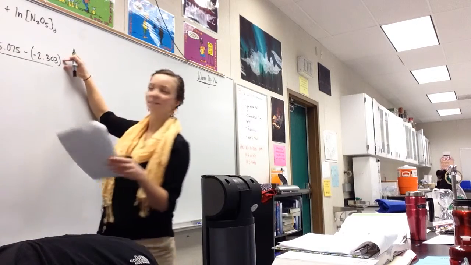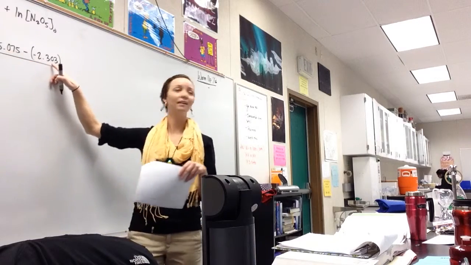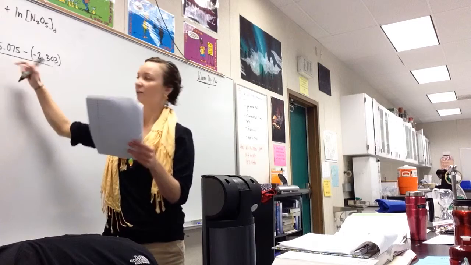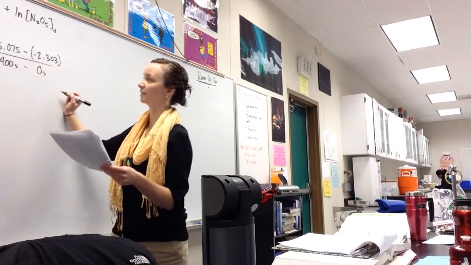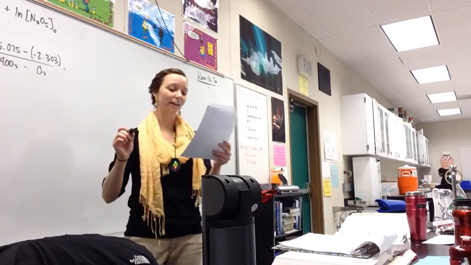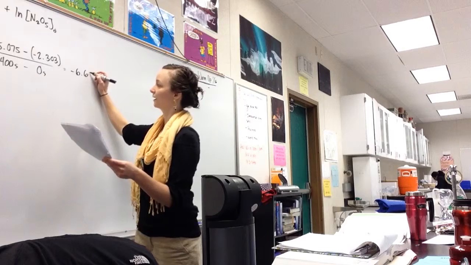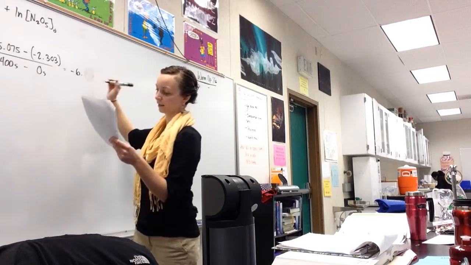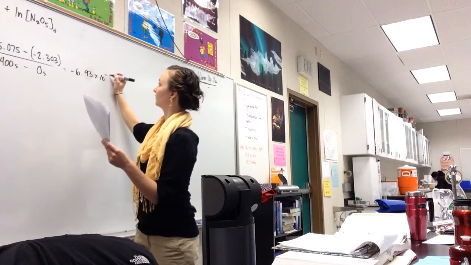Okay, do you guys see where I'm getting these values? This is the last ln concentration. This is the first ln concentration. And then my last time was 400 seconds, and my first time was 0 seconds. So when I do that, I can calculate that out, and that's going to get me negative 6.93 times 10 to the negative third.